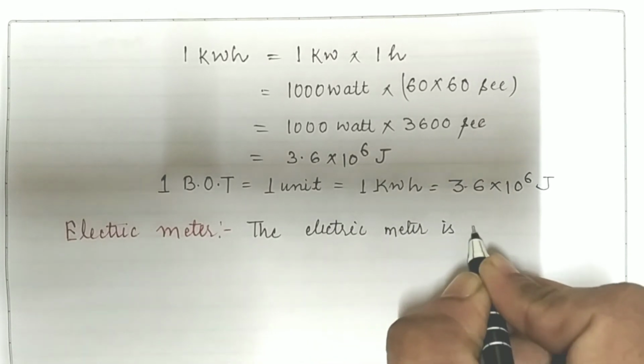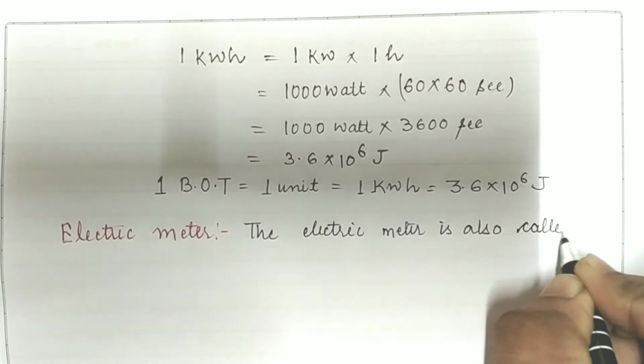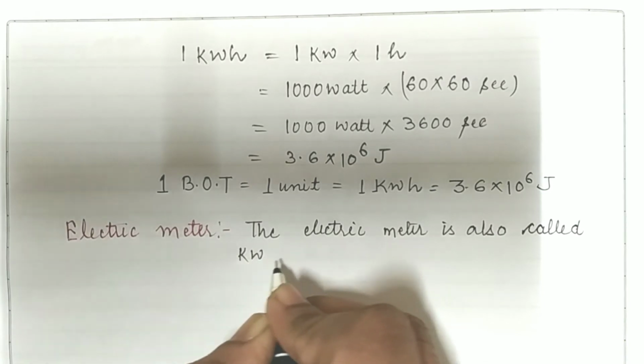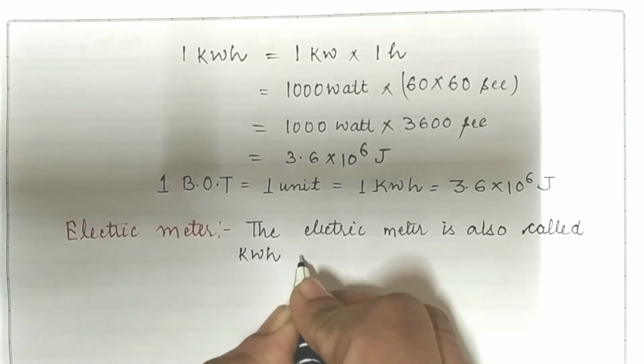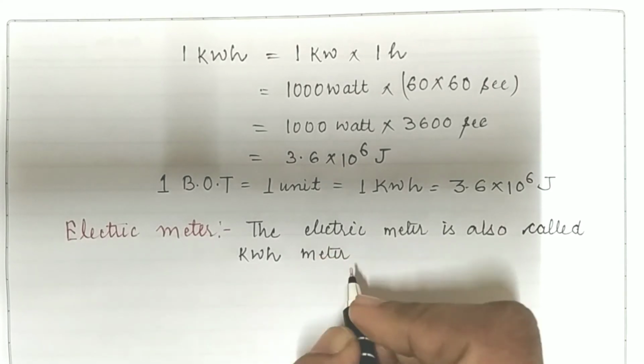So the electric meter is also called the kilowatt hour meter. Why?